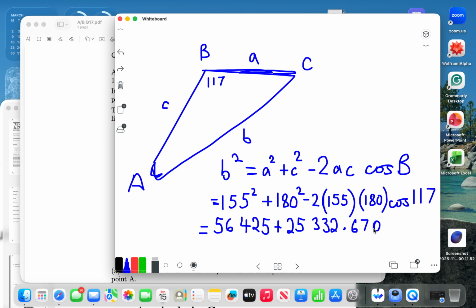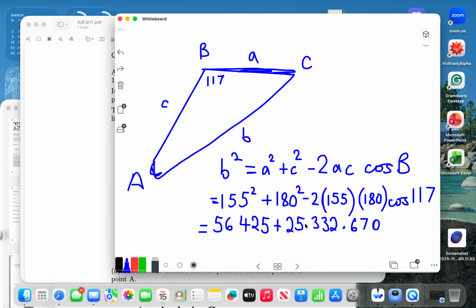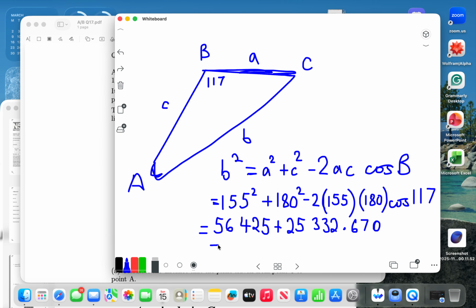Let's then add these. I'm doing this in 2 parts, then adding, because you have to pay attention to BODMAS. Some calculators don't like BODMAS, which I think is a pain, because if you spend money on a decent calculator, you should expect it to be able to deal with the order of operations.